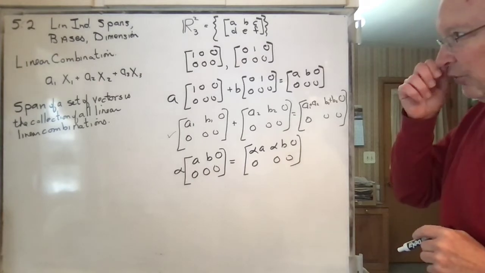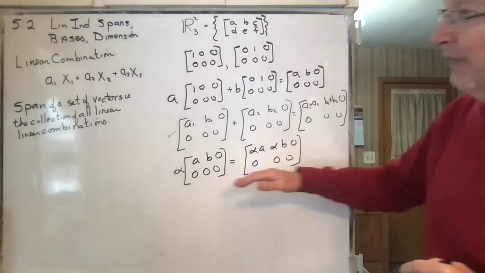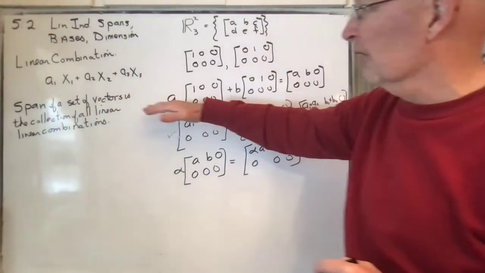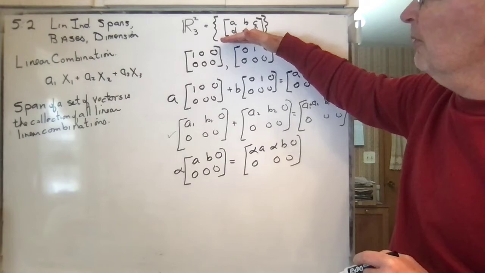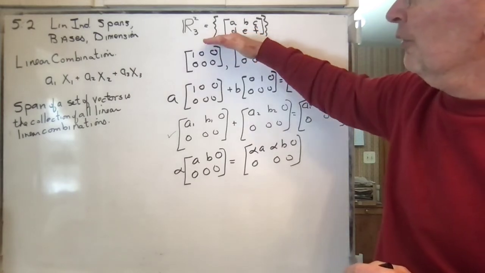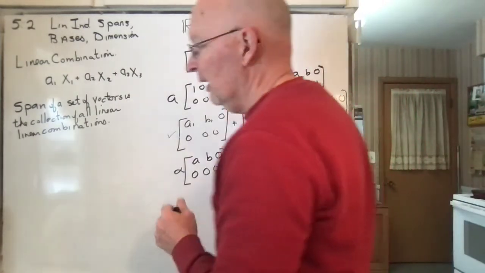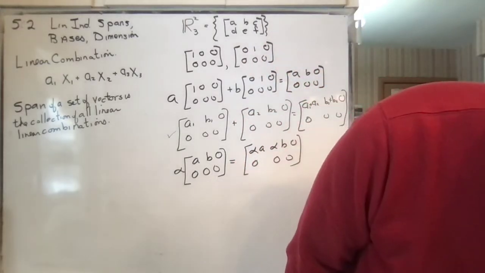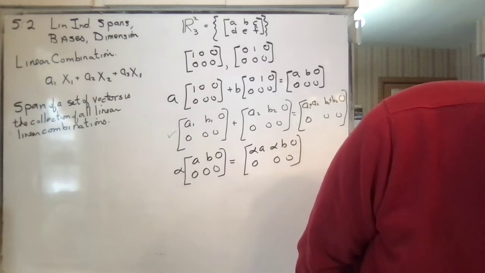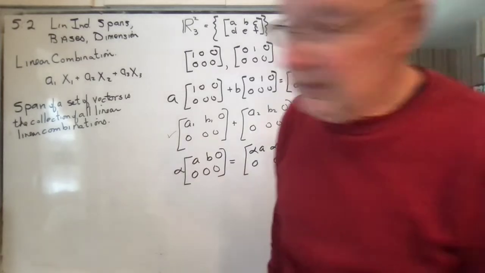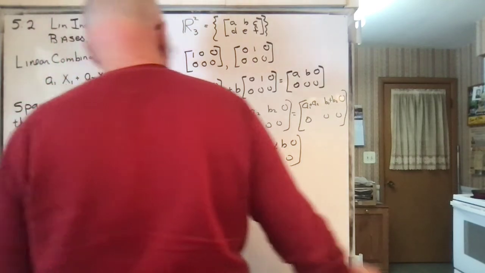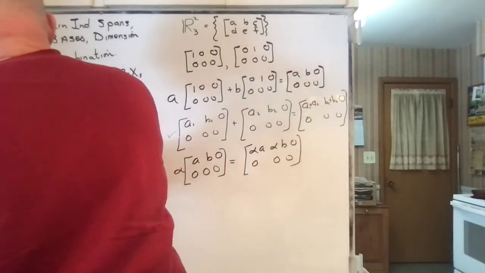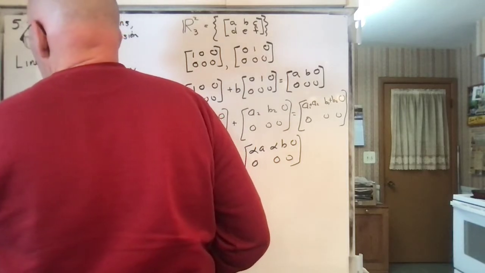So that's true in general, that if you have the span of a set of vectors, if you take the entire span of a set of vectors, that's going to be a subspace of the vector space that those vectors came from. Okay? So that's theorem 5.24. I'm not going to write down everything precisely the way I have it in the textbook.